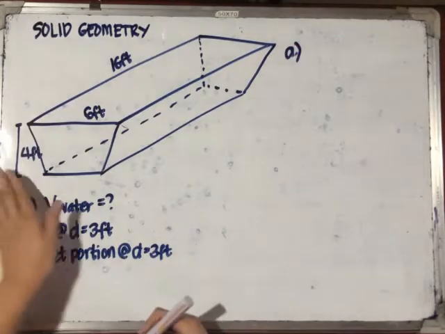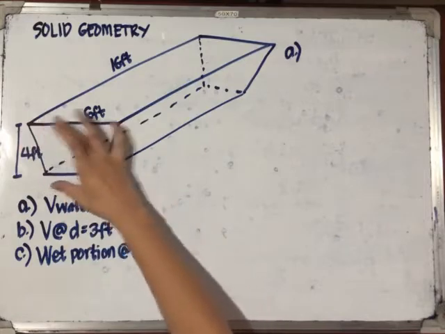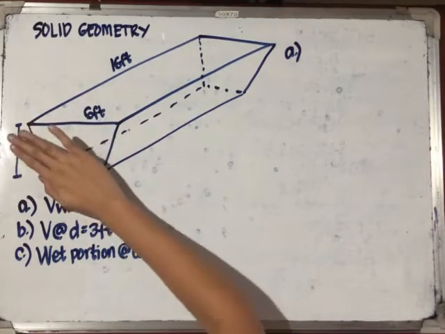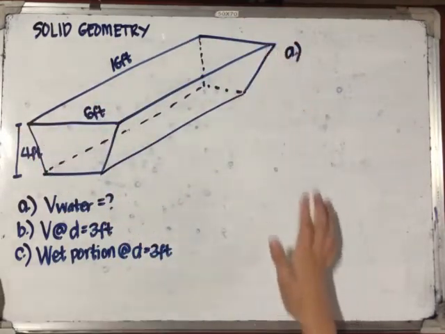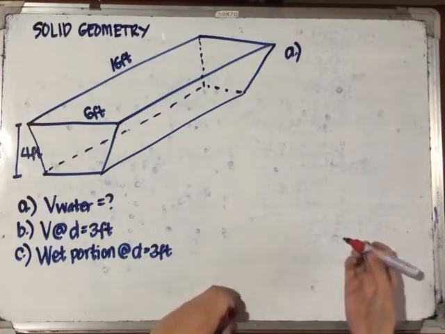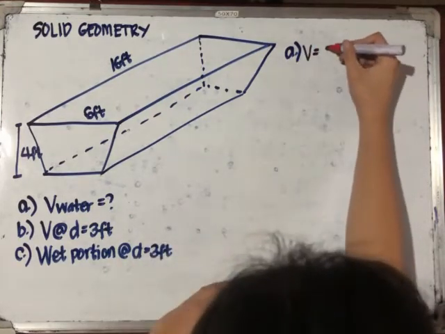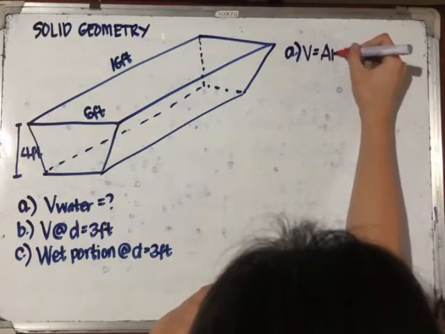Since makikita mo dito on all sides of this one, no? Sa lahat ng sections, trapezoid talaga siya. Itong trapezoid na to, all throughout the length, trapezoid talaga siya. So prismatic ang ating figure dito. And if it is a prismatic figure, what you can do to get the volume is to get the area of the base.